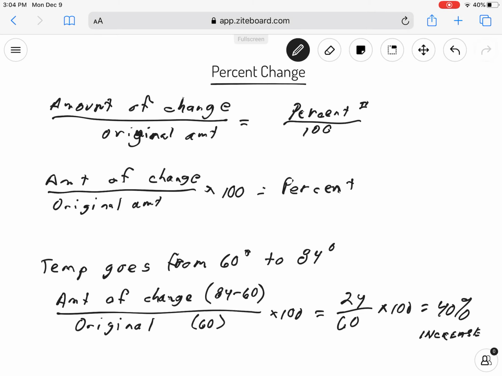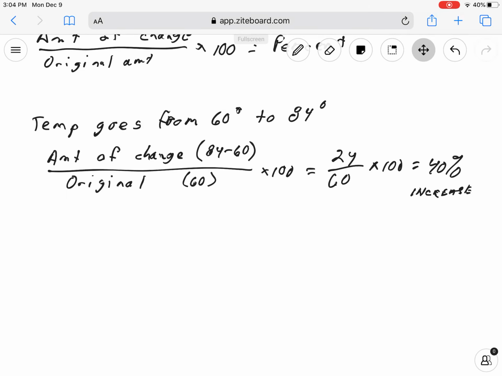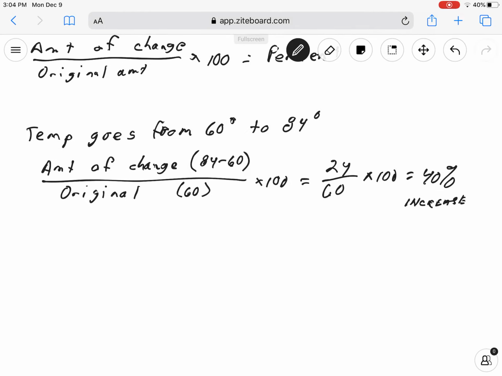Okay, so another one, we can go from, say, we go down from 24 to 20.